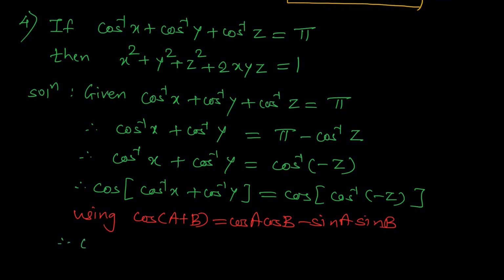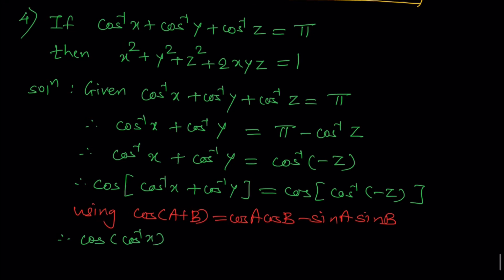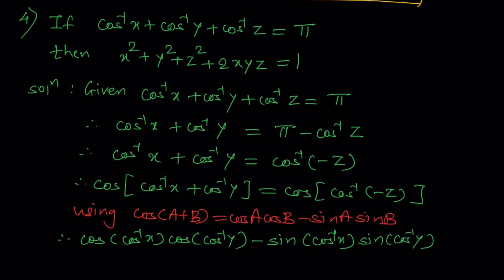So we get cos of cos inverse x, cos a cos b, cos of cos inverse y, in between the sign is minus, sin of cos inverse x, sin of cos inverse y, and right hand side is cos of cos inverse minus z, which is minus z.